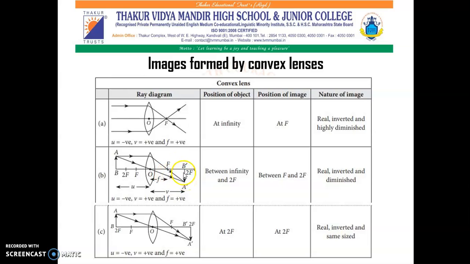So over here, the image that is formed is between F and 2F. At B dash, the image is formed and the nature of the image is real, inverted and diminished.